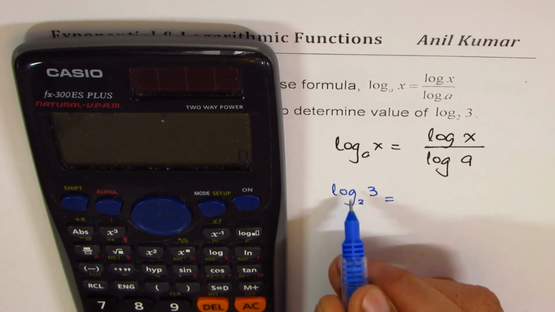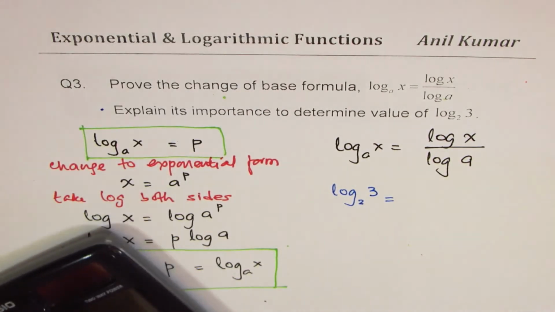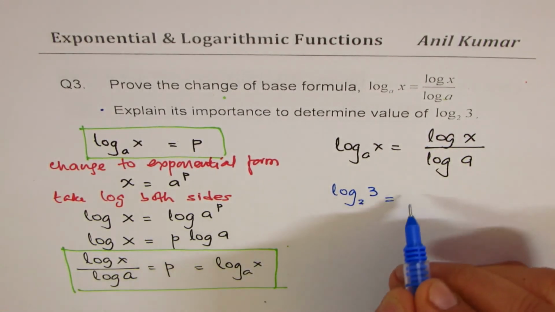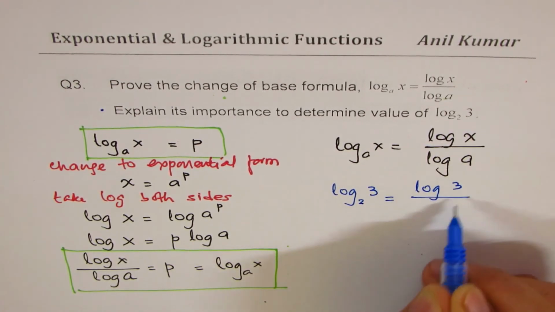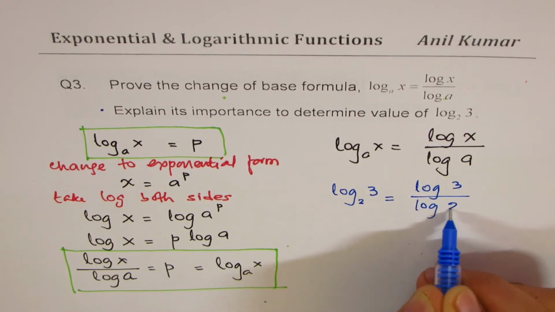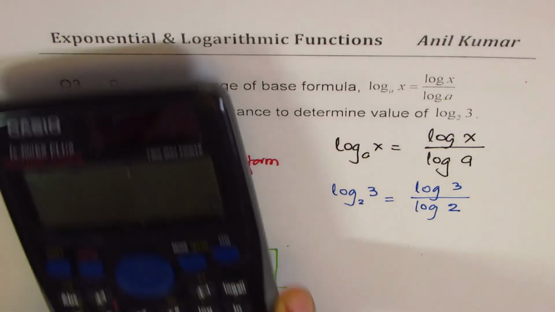So what we do here is we change the base. So we can write this expression as log to the base 10 of 3 divided by log to the base 10 of 2. And now you can evaluate the value.